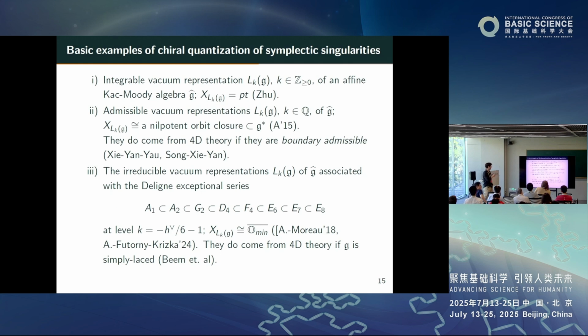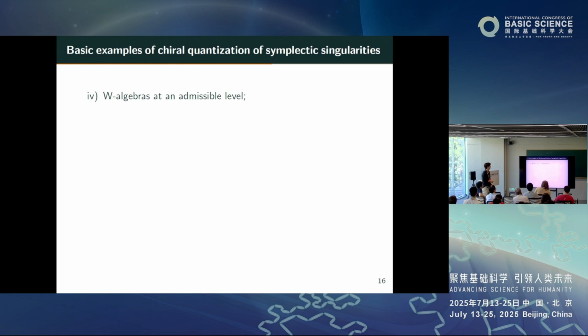These are exactly the vertex algebras coming from this 4D theory. And also, there is a nice family of vertex algebras called the W-algebras. Their associated variety is a nilpotent Slodowy slice, which is the intersection of a Slodowy slice and a nilpotent orbit closure. And they do come from 4D theory when the level is boundary.